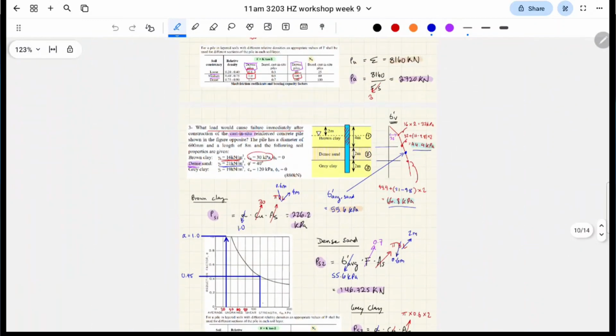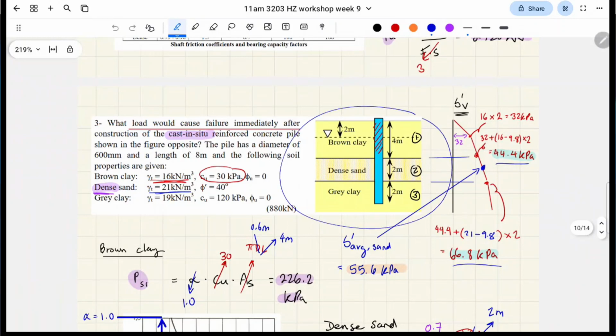Alright, so let's look at this pile. What do you think L is for the base of this pile? We don't take L as 2. We care about the base, so it's not based on the shaft, it's based on the entire pile.